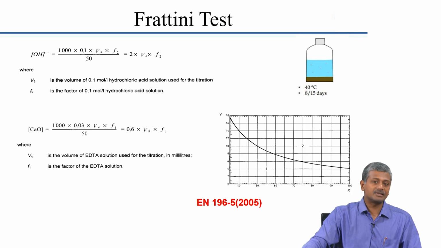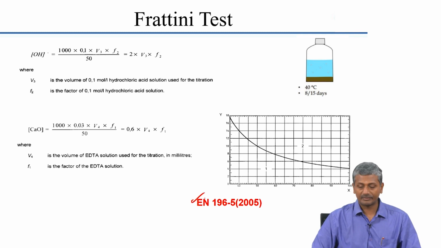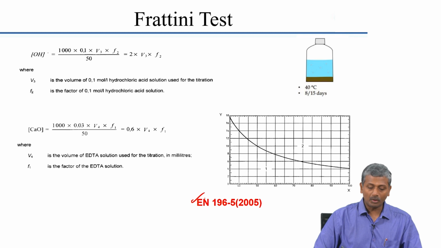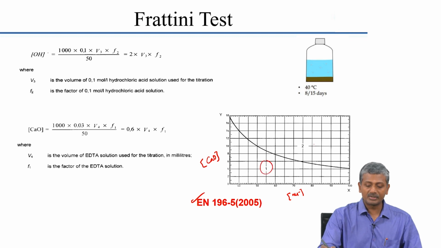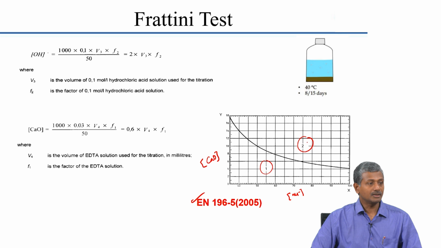The techniques are described quite well in this European standard EN 1965. And what you do is you plot on the y axis the CaO concentration and on the x axis the OH minus concentration. So, you divide your pozzolanic material into the materials that lie below this curve or that lie above this curve.